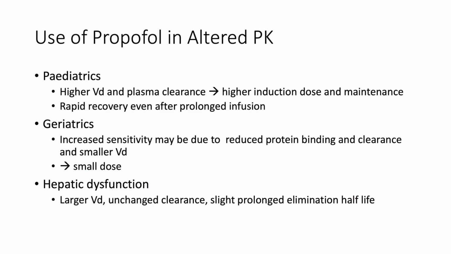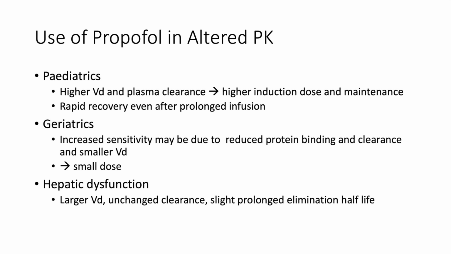Again, in the pediatric age group, there is a higher VD and high lipid solubility, so you are expecting to give a higher dose, and maintenance as well, and rapid recovery even after prolonged infusions. For geriatrics, because of increased sensitivity and smaller VD, you need to give a smaller dose.